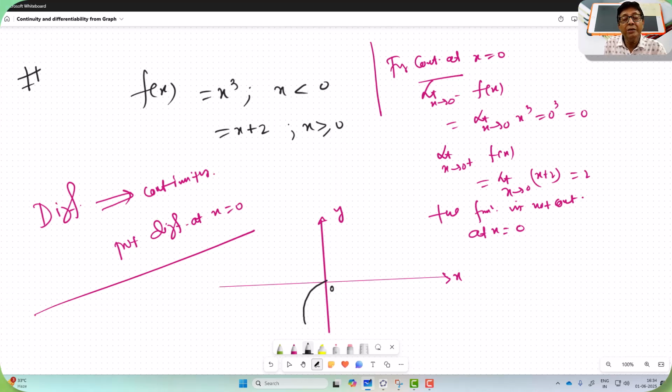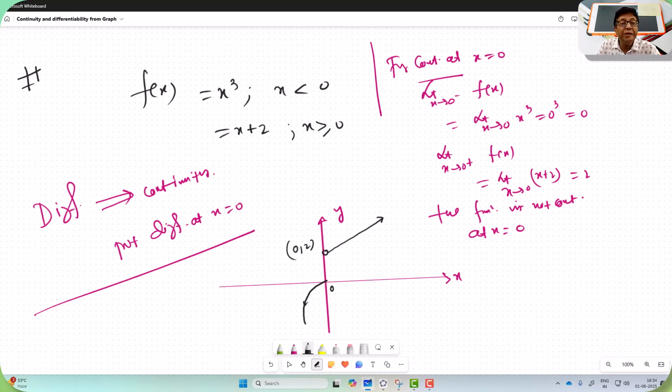And this one, it is x plus 2. For 0 it is 2, isn't it? And the slope is 1, because y equal to x plus 2. The graph is going to be like this. And this point is 0, 2. Are you able to draw the graph of this function without lifting your pen or pencil here? No. So the graph is not continuous.